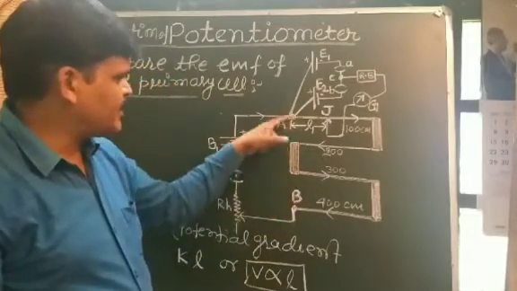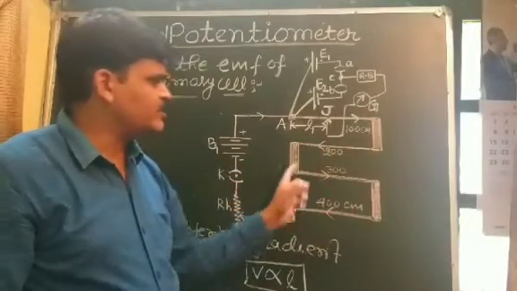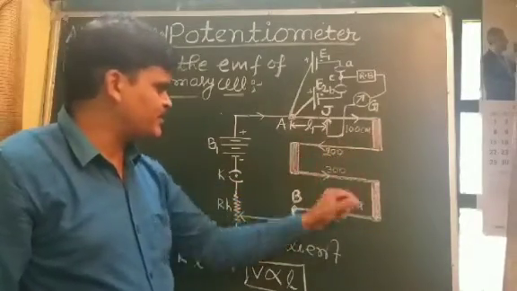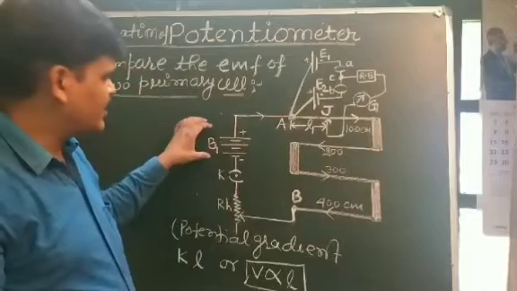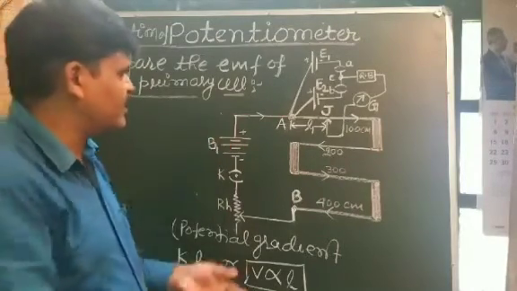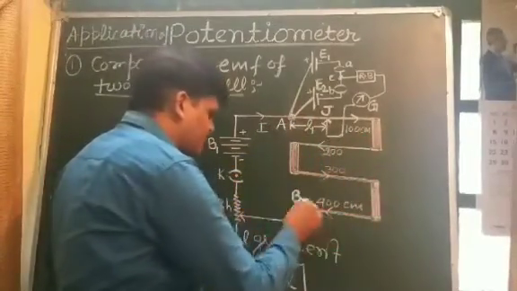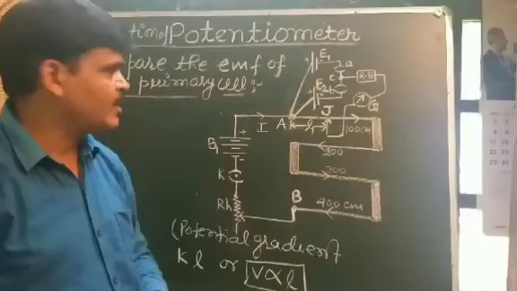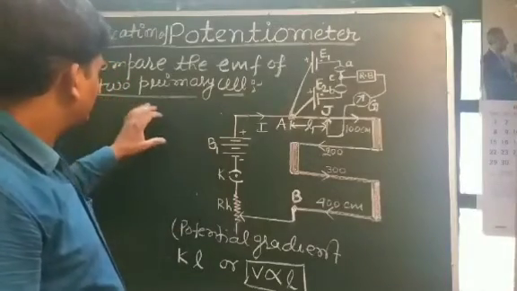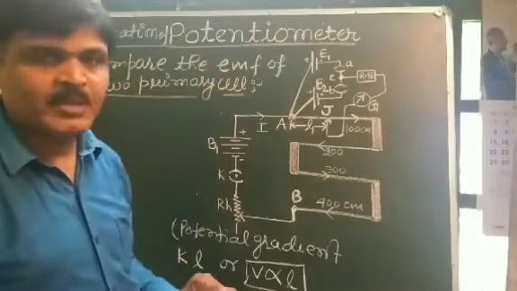A and B is the potentiometer wire, which is joined with a thick copper strip. And a strong battery sends a constant current in the potentiometer wire, and a continuous drop of potential takes place.